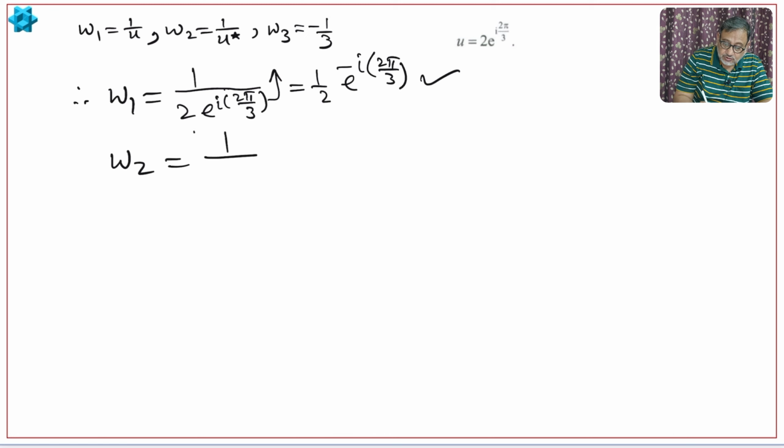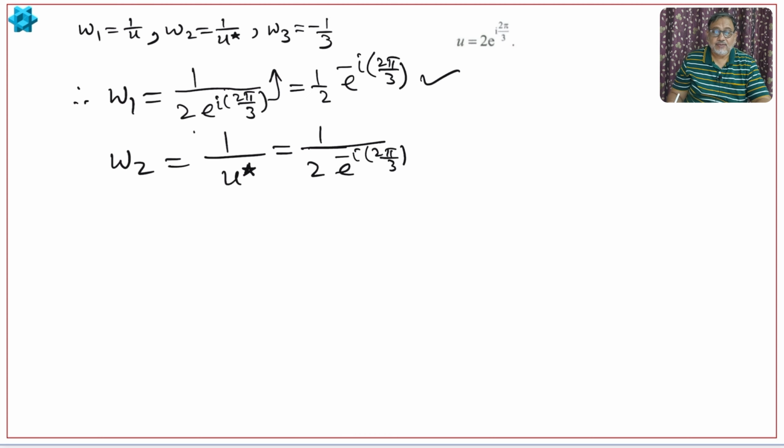Then w2, second root, 1 upon u conjugate will be 1 upon 2 e to the power negative i, because conjugate will be change in sign, right? The first one will remain negative, second one will become positive when you take it up.